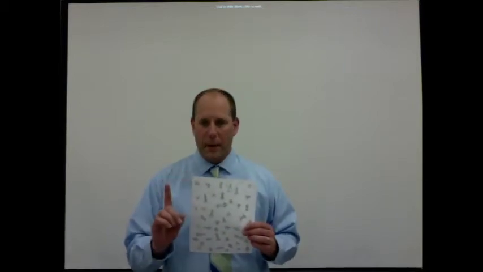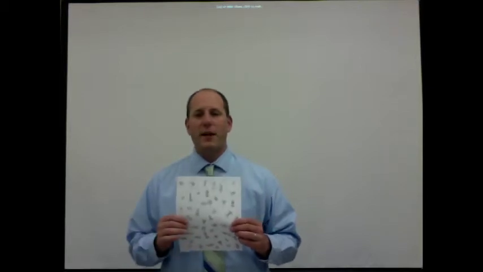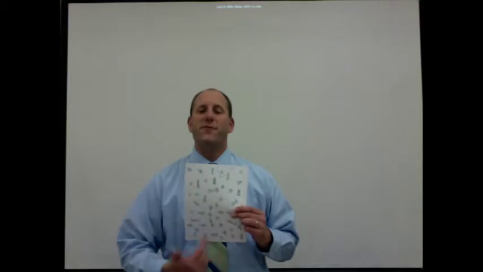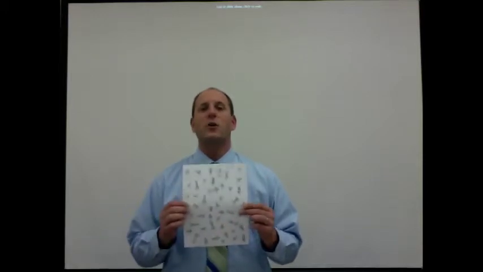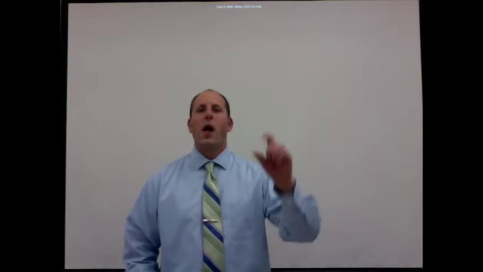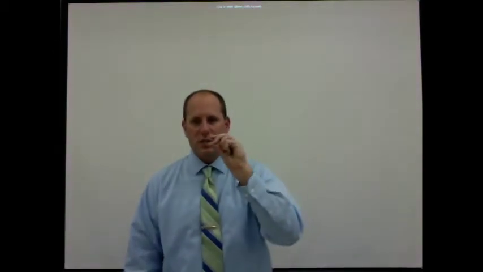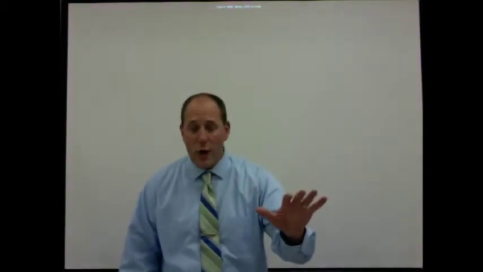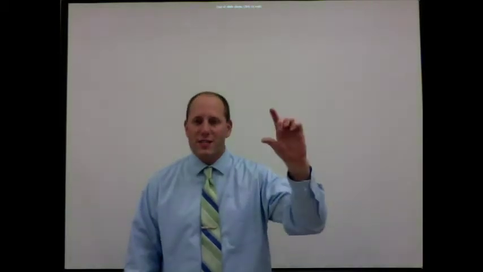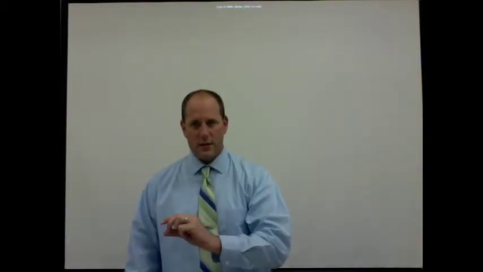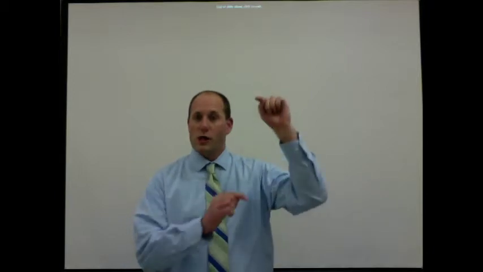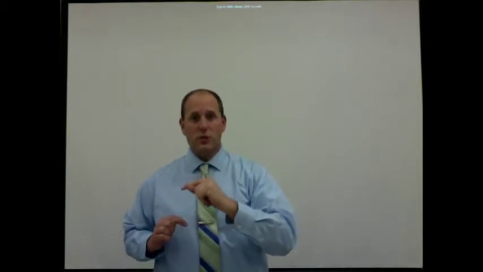Once you've cut all of these out, you're going to need to take a piece of binder paper, lay it on the lab station, and put all of these 46 chromosomes in order. What's the order? Here's the order. Largest to smallest. That's all you have to go by, is largest to smallest. One more time. Largest to smallest.